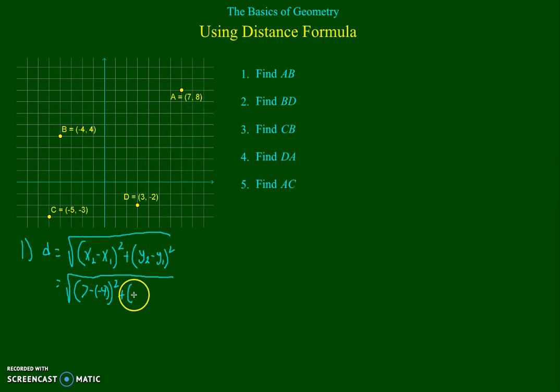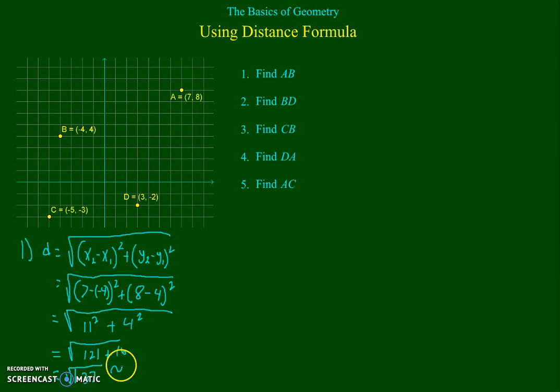So 8 minus 4 squared. This gives us 11 squared plus 8 minus 4, which is 4 squared. So this gives us the square root of 121 plus 16, which is the square root of 137.